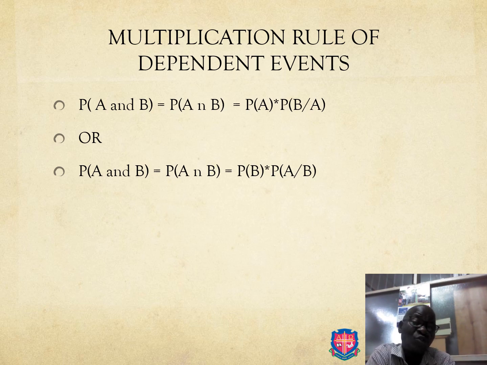So these two, B given A and A given B, are different probabilities, but the intersection which they measure is the same. So the probability of A times probability of B given A is the same as probability of B times probability of A given B, because they are both measuring the intersection.